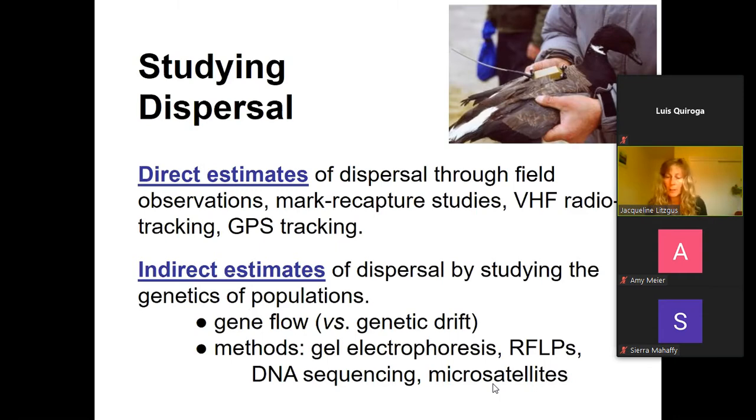Because they're individually identified. And another way to study dispersal directly is to use VHF radiotelemetry, which you are going to do in your next lab after the break, and also GPS tracking. So just to say a little side tangent about this, you are going to learn about this in lab, but I'm going to give you a bit of a brief overview of what this is.